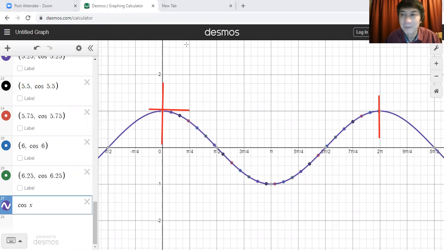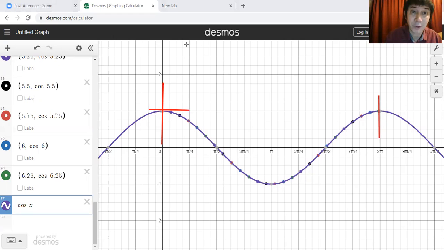The graphs for sine and cosine have the amplitude, the period coefficient of x, the b, and then the h for horizontal translation and the k for vertical translation.